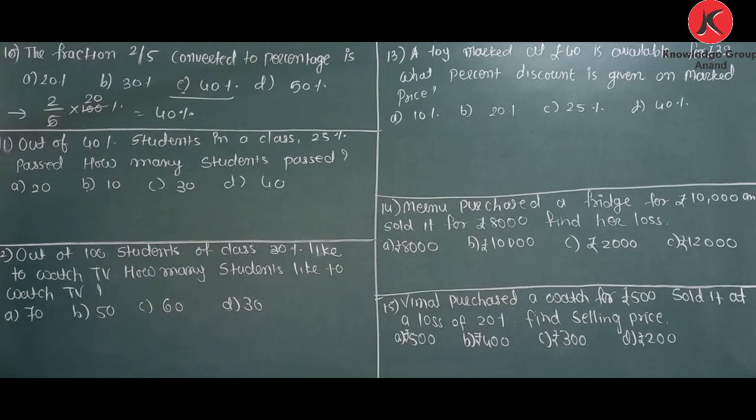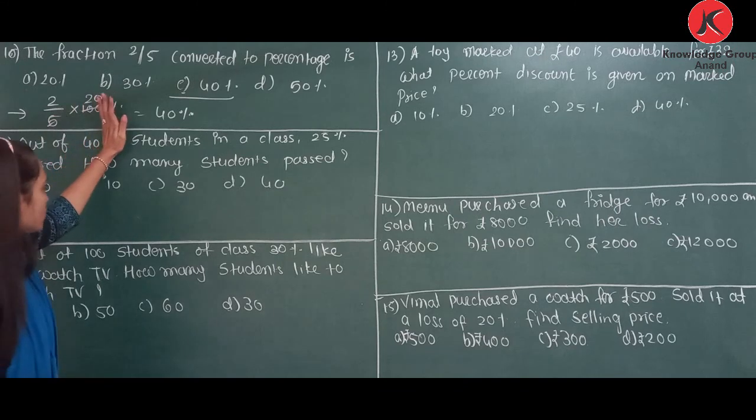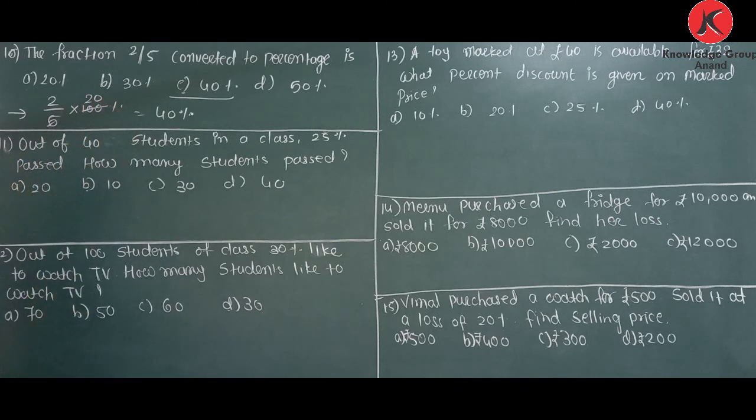Now next one. Out of 40 students in a class, 25% passed. How many students passed? It is not 40%, it is 40 students, 25% passed. So we can write 25% of 40.